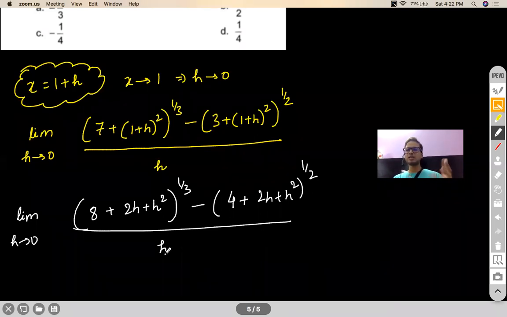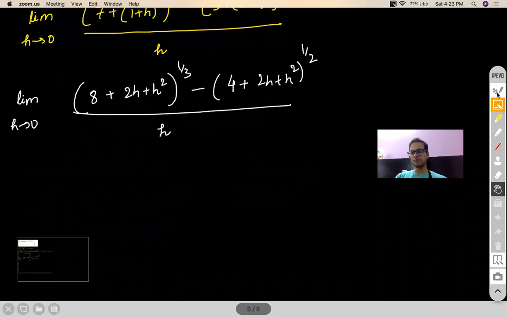If you feel that you're stuck and the rationalization factor is not very simple, or you are having different roots, powers, or nth root is different for both of them, then binomial expansion is the safest route out. So please get a hold of this concept because it's going to be very helpful.